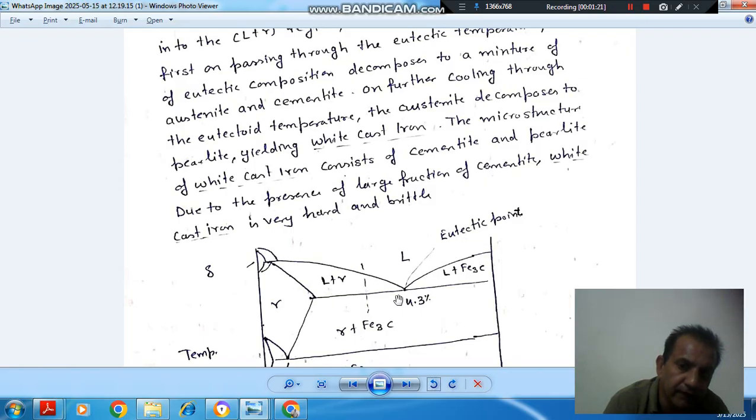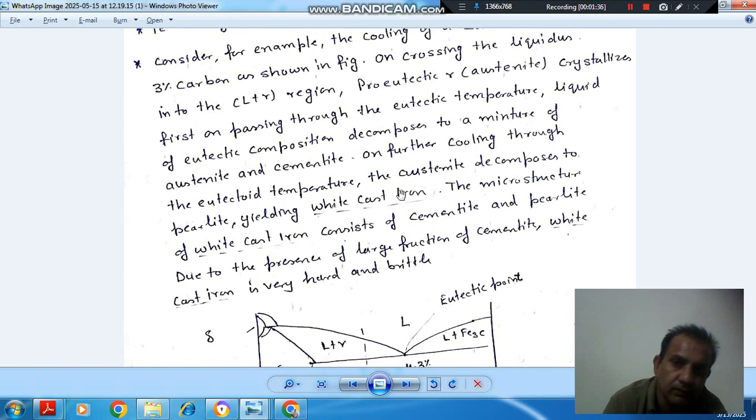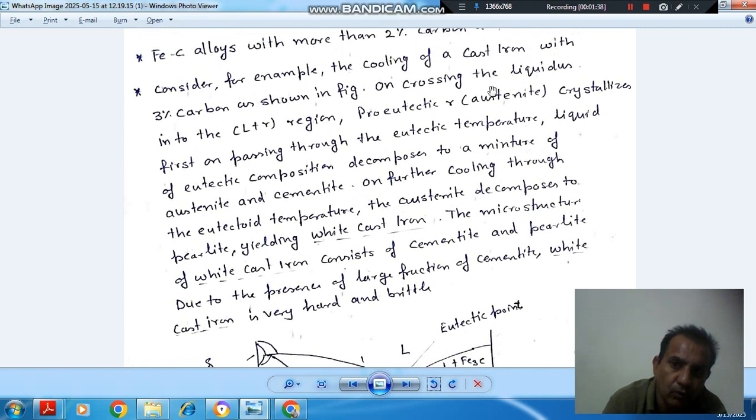Then when it solidifies, the overall percentage of carbon in the liquid will increase and come up to 4.3%, and then the solidification of the eutectic mixture will take place. So on crossing liquidus into liquid plus gamma region, pro-eutectic gamma or austenite crystallizes first.